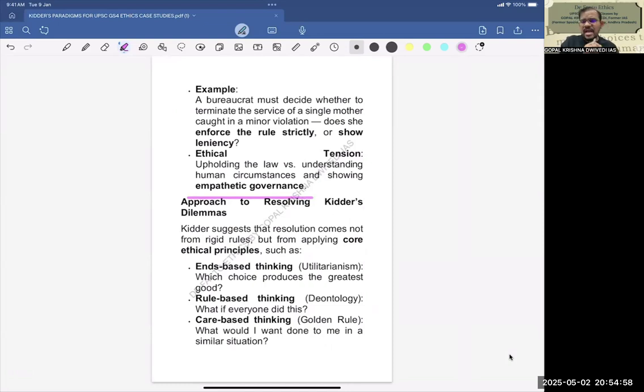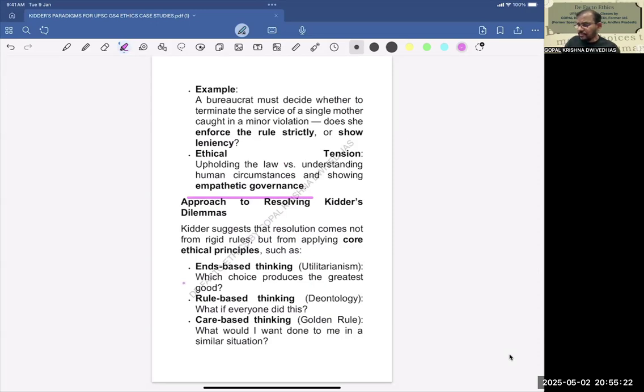Now, what Kidder says is basically, you have to first find out what kind of dilemma is involved in that particular case, and the resolution of this dilemma is not suggested by Kidder, because Kidder's paradigm is only for analysis of the case study. He says that for resolution, you have to apply the core ethical principles. What are core ethical principles?